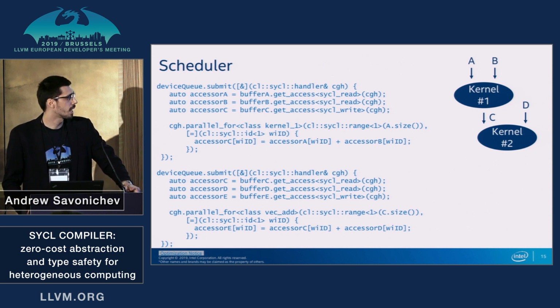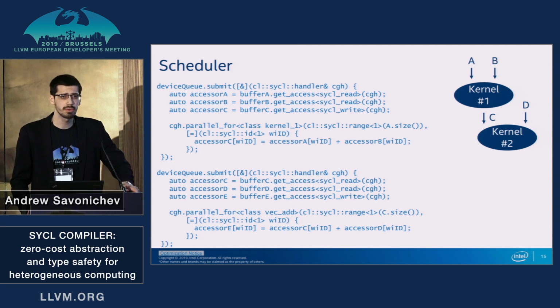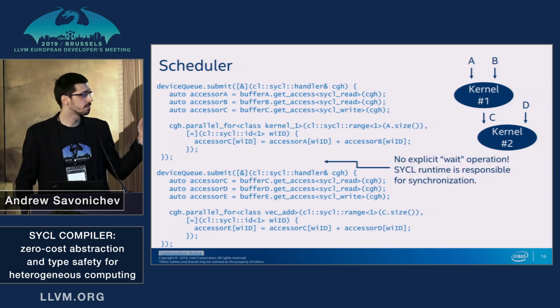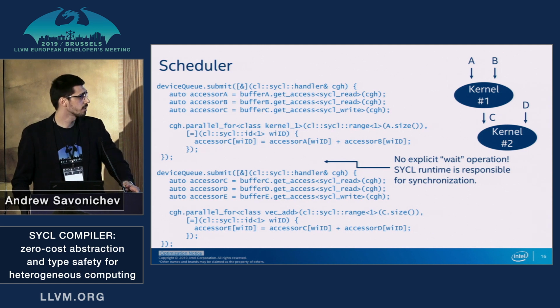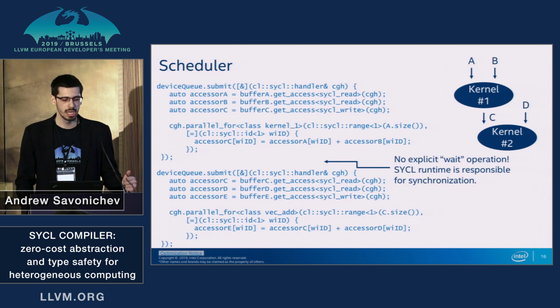And in many heterogeneous frameworks, you have to synchronize it manually. But as you can see, there is no explicit synchronization. And actually the runtime builds a graph of all operations.